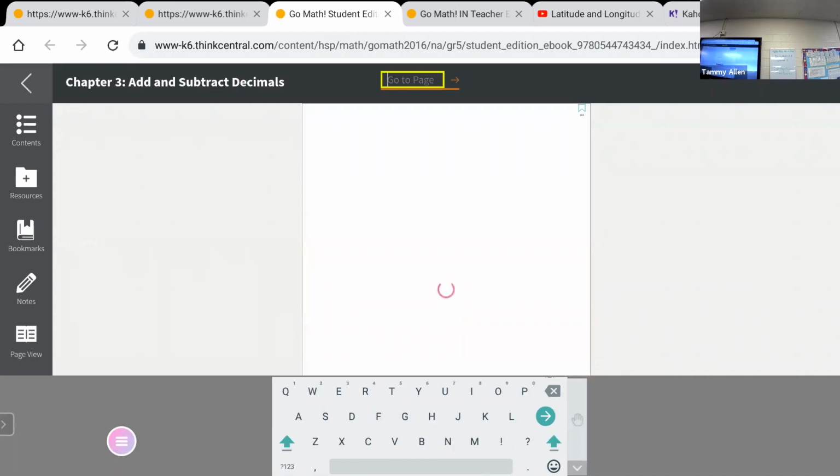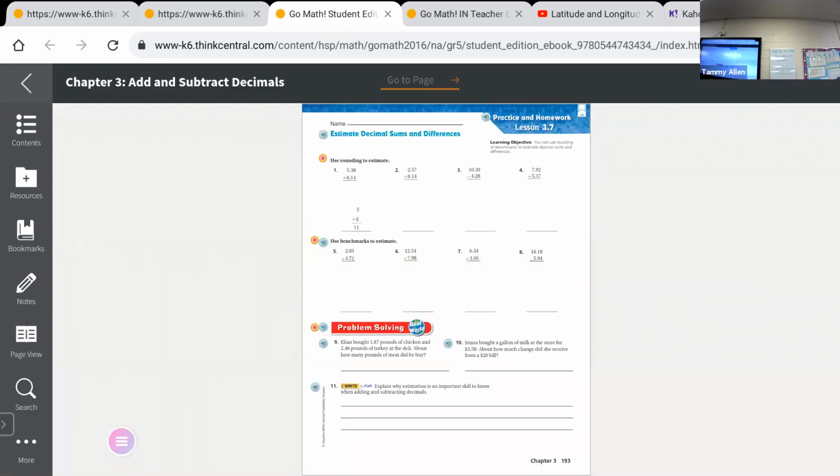As we take a look at your assignment then, 2, 3, and 4, we were rounding to come up with an estimate.